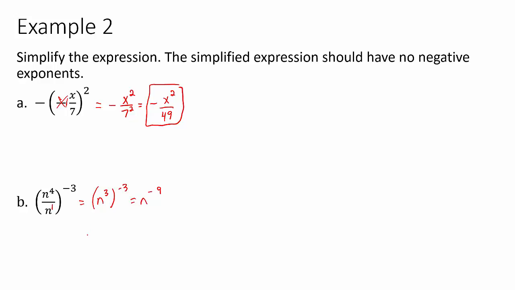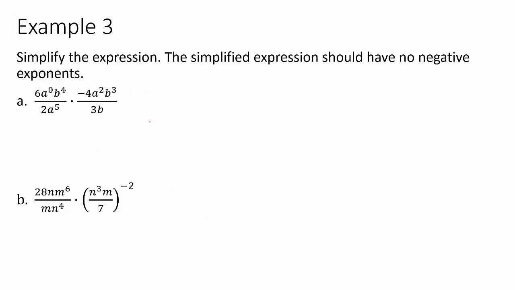But the other way, like I said, is to multiply them both, or to move the negative third into both. And then when I subtract these, negative 12 minus negative 3 is negative 12 plus 3. So we still get n to the negative 9th. It's just 2 different ways of going about it. This needs to move down to the bottom to get a positive exponent. So our answer is 1 over n to the 9th.